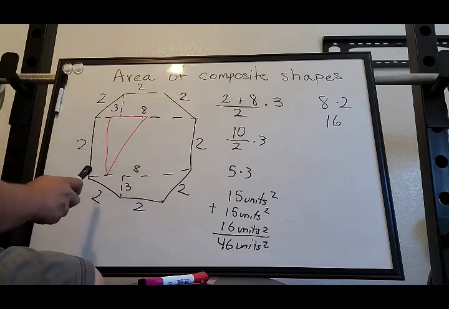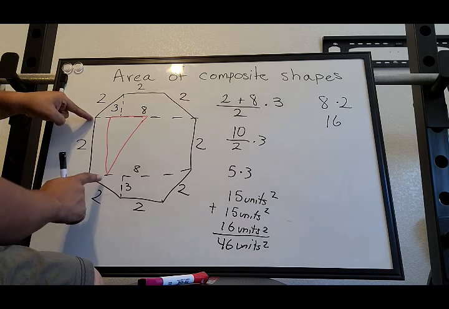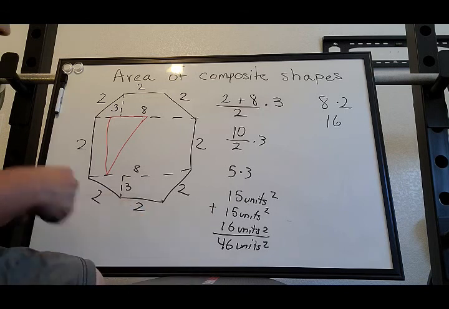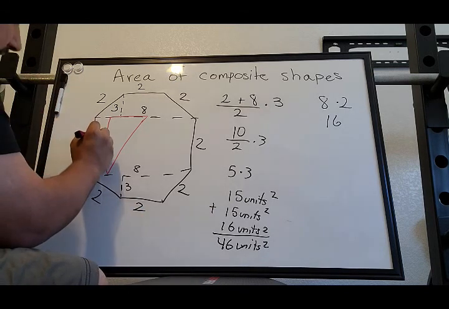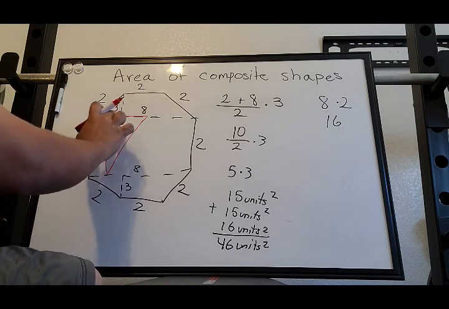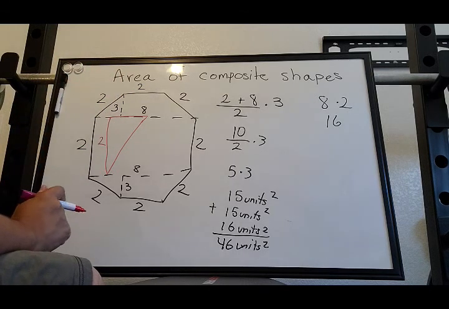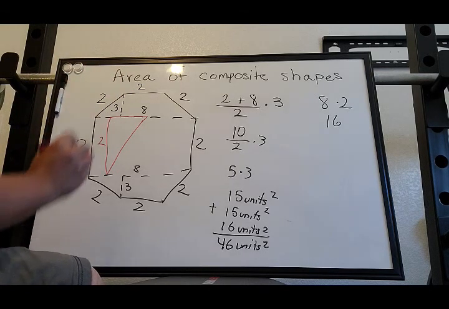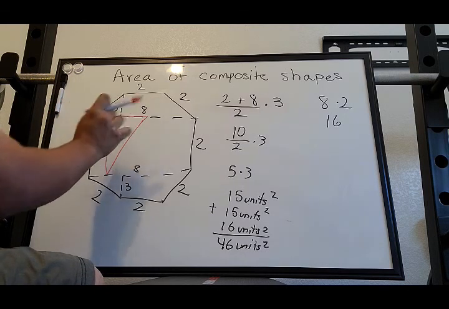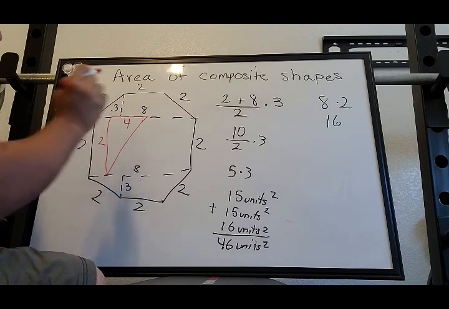Now, we know that this triangle's height goes from this line here to this line here, which translates to a height of 2, because this side is also 2. Now, to find the base, it is the part that is flat. We don't know it actually, so I'll still have to put it. I'm going to say this is 4. It's 4.